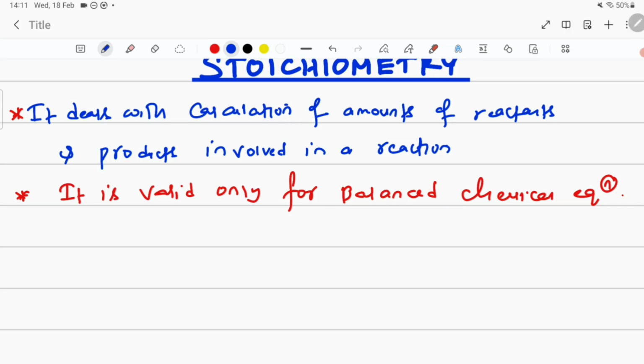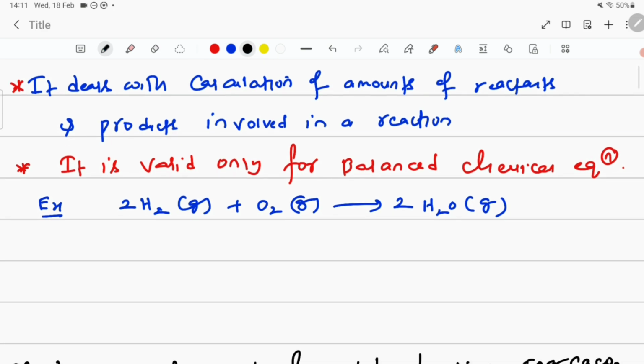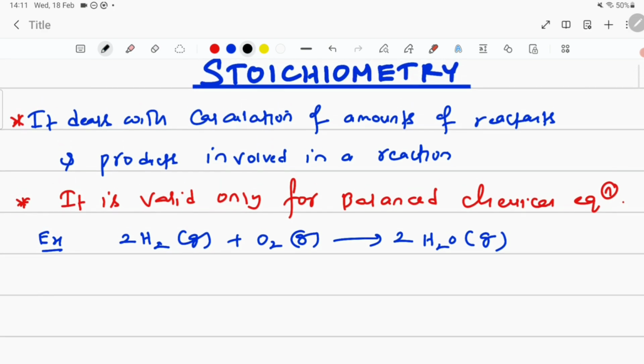So how can we interpret the reaction? For example, take a balanced chemical reaction: 2H2 gas plus O2 gas giving 2H2O. How can we relate it?